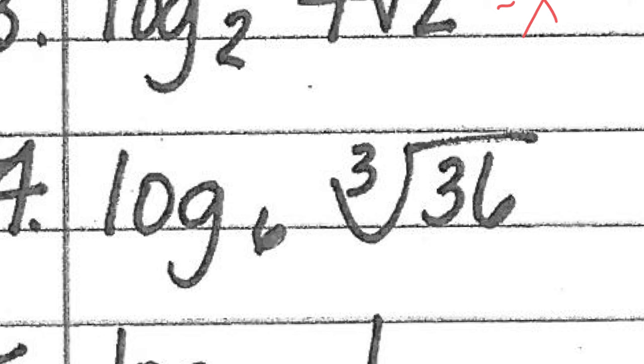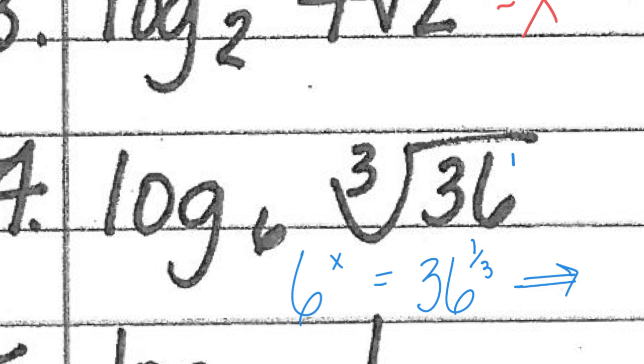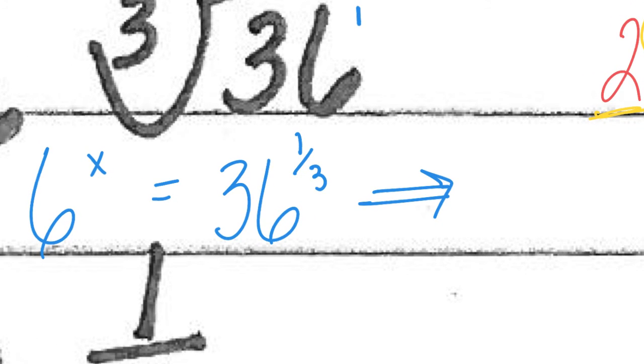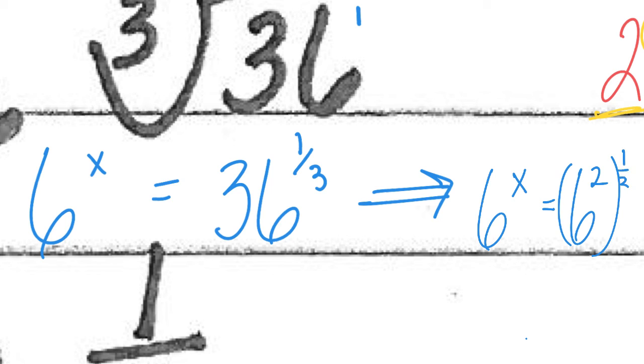All right, so that one was a mess, and this one looks like it's going to be a mess as well. I'm still moving into the practice part of your notes if you're going along with notes. This is saying 6 to what power is equal to 36 to the, remember this is 1/3. Well, once again, I have to have the same base. So I'm going to write it right over here. 6 to what power? Well, I know that 36 is 6 squared, and that's all to the 1/3.